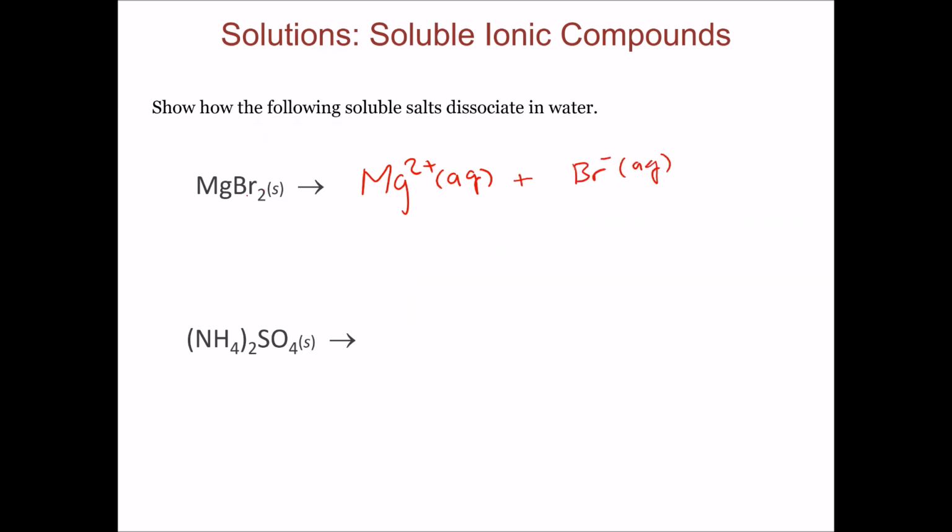But in this formula, for example, we have two bromines, so we have to indicate this as a coefficient that it produces two bromide ions. This second example here, again, is going to split the positive ions as dissolved species from the negative ions as dissolved species. And again, we need to indicate that it produces two ammonium ions as indicated by the subscript in the formula here.